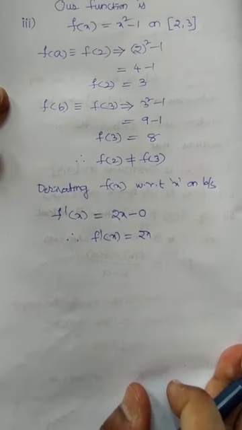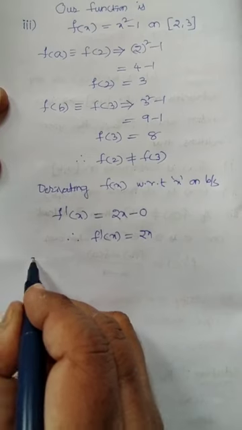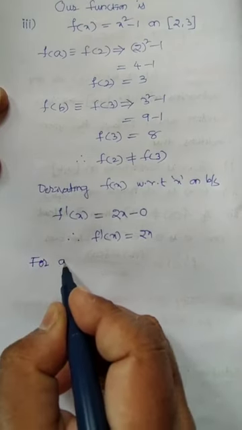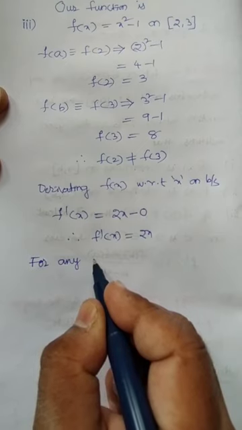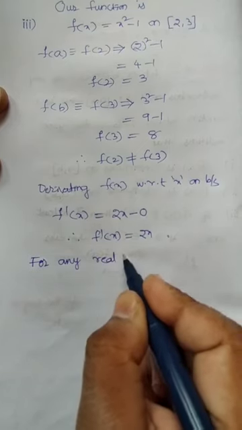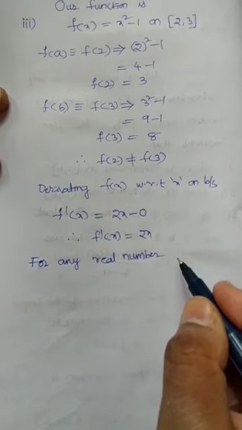Therefore f dash of x is equal to 2x. Next we have to take any real number c.